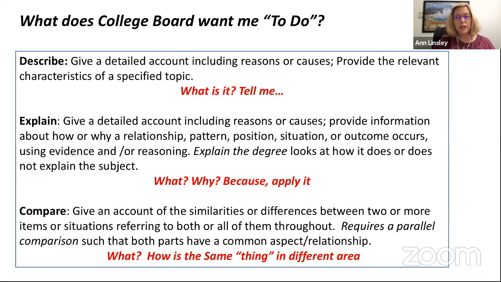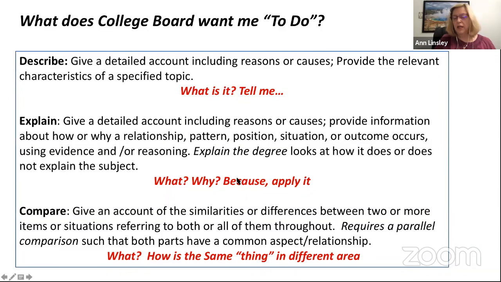And don't hesitate to give that example. You always want to remember, you can't give too much. You can give too little, but you can't give too much. The reason I say that is because this is a points awarded system, and so you're only going to lose points if you don't have enough. So if you're not real certain, make sure you have done what is it, why is it, because, and apply it in terms of explain.